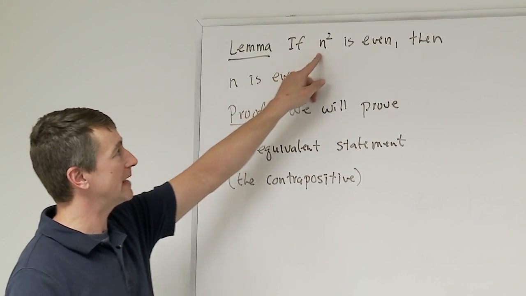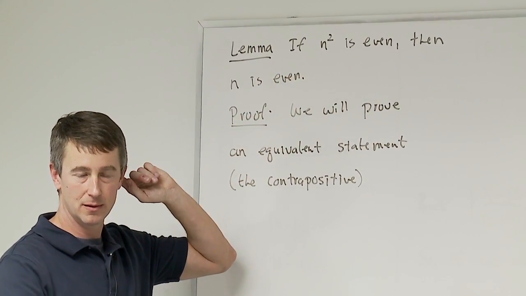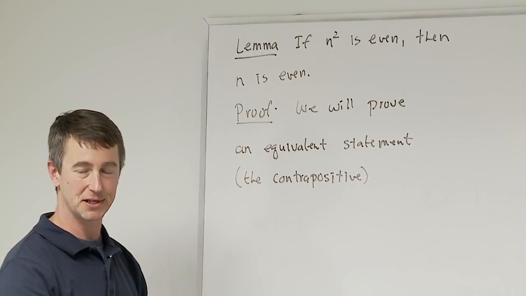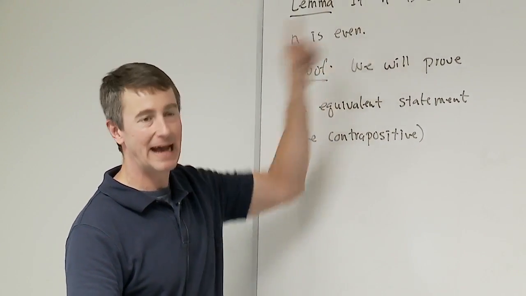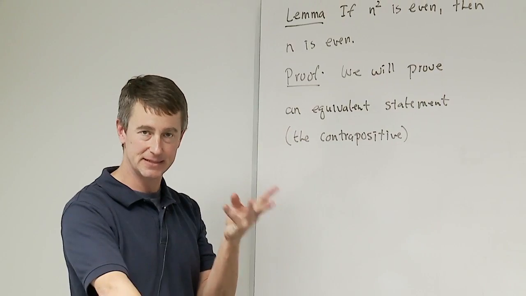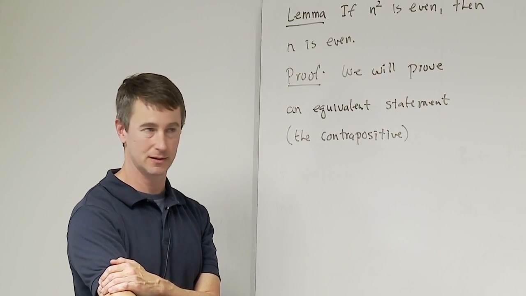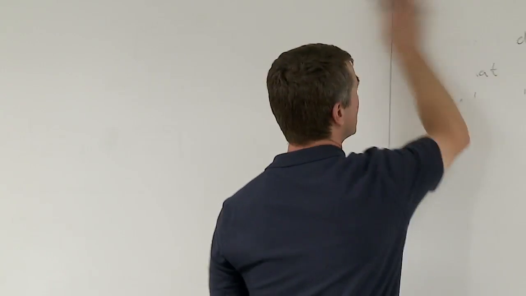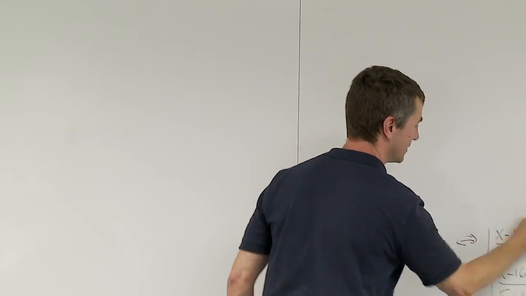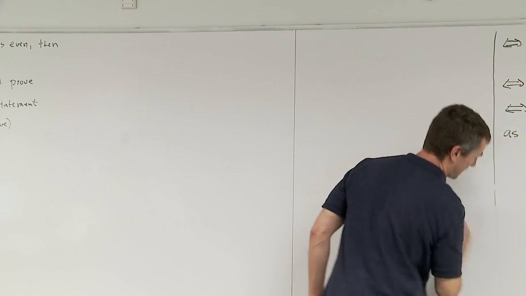If we have a statement of the form if p then q, and you take a logic class, there's this thing called the contrapositive, which says if not q, then not p. And those statements are logically equivalent. So let's see if we can come up with a real-world example to understand why those two statements should be equivalent.